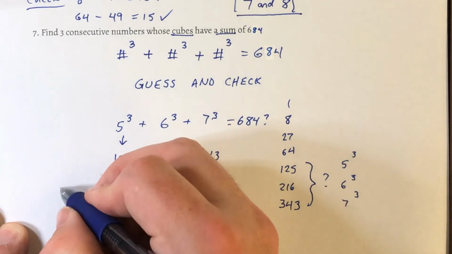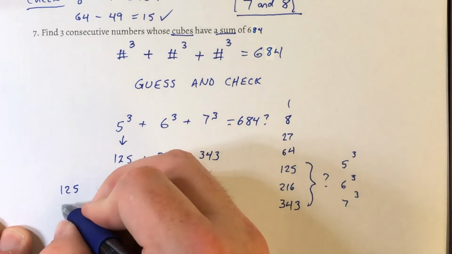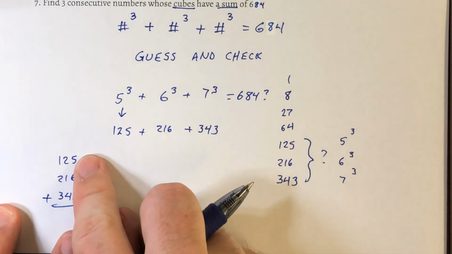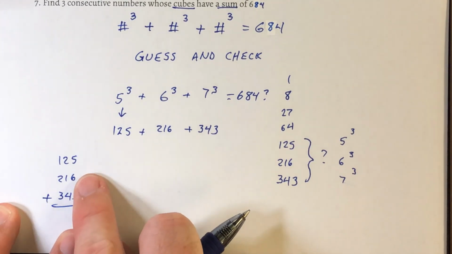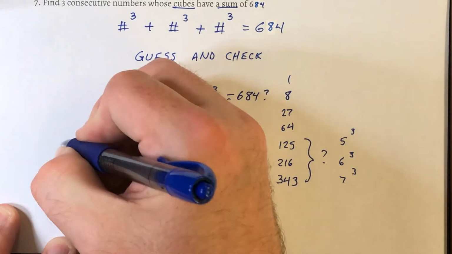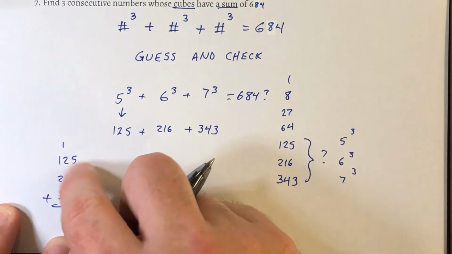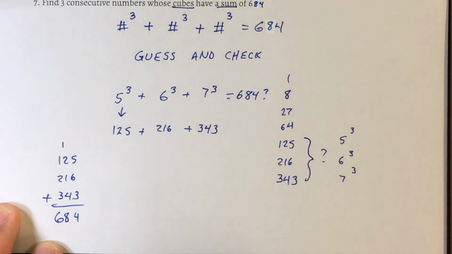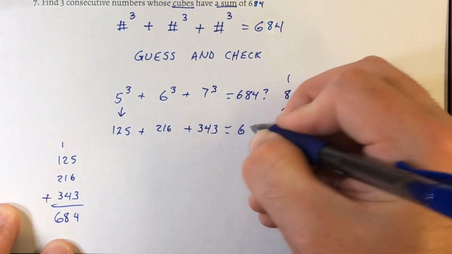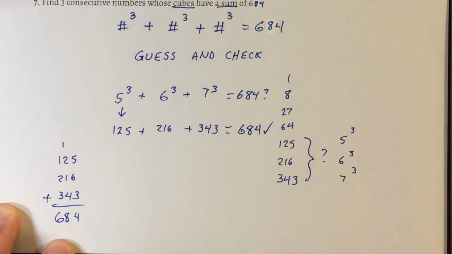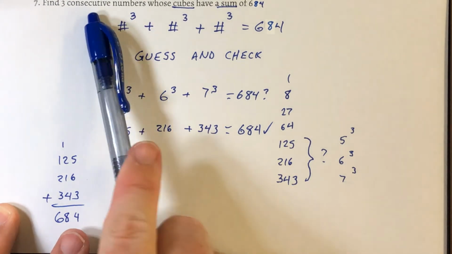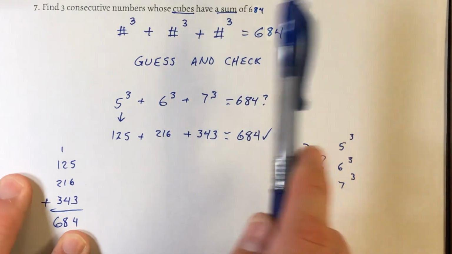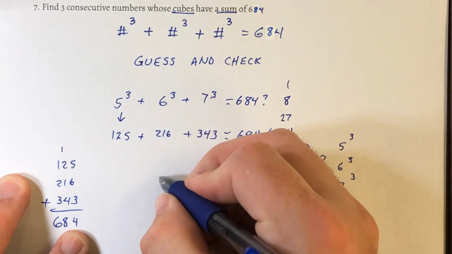Let's add that up super quick over here. 125, 216, 343. 5 plus 3 is 8, plus 6 is 14. Oh wow, it looks like it works perfectly. So it is 684. It works. So what does that mean our answer is? What three consecutive numbers, when you cube them, have a sum of 684, not 64? That would be the 5, 6, and 7.